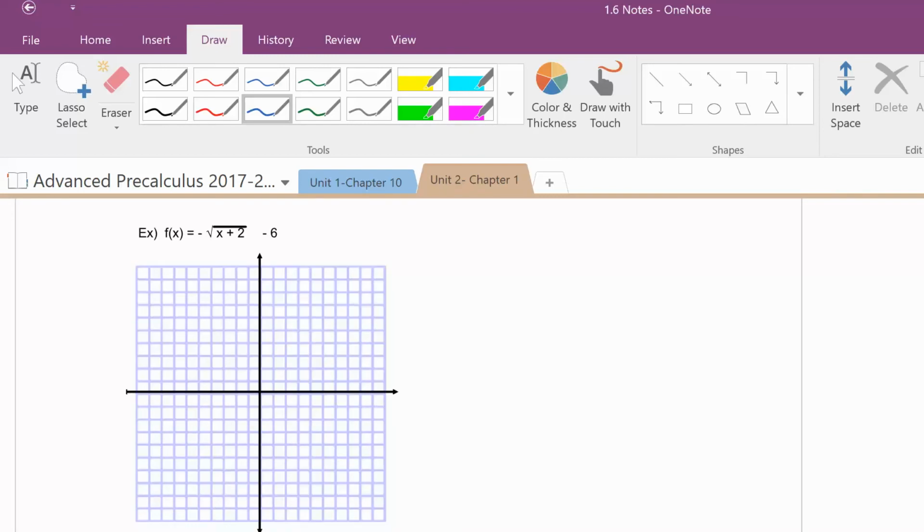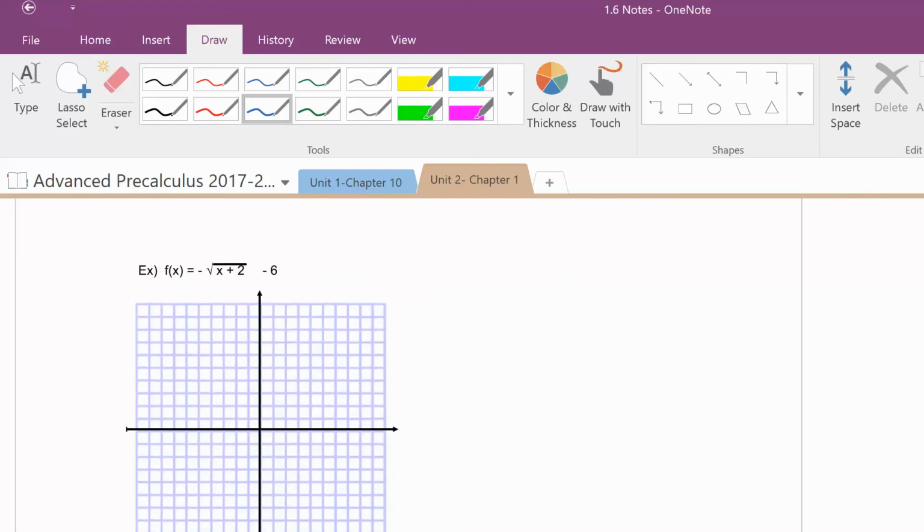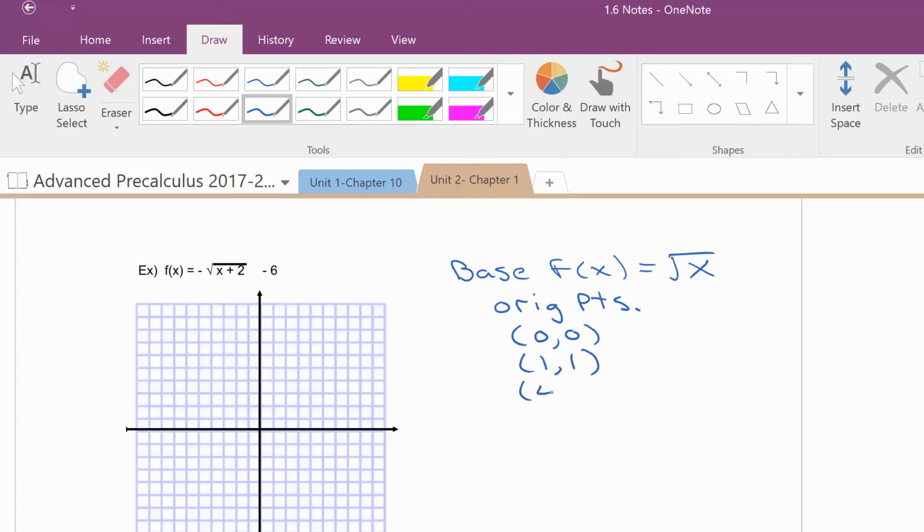So for example here, if you look at this, the base function is f of x equals the square root of x. So remember, the original points are 0, 0, 1, 1, 4, 2, and 9, 3 for the square root function.